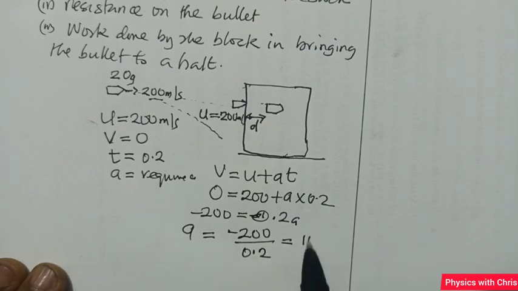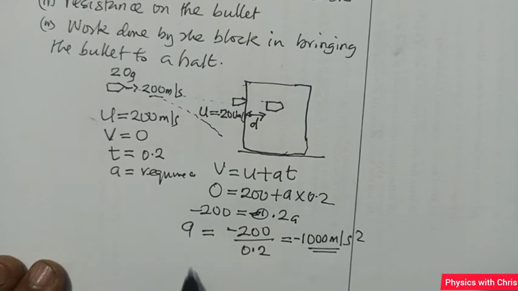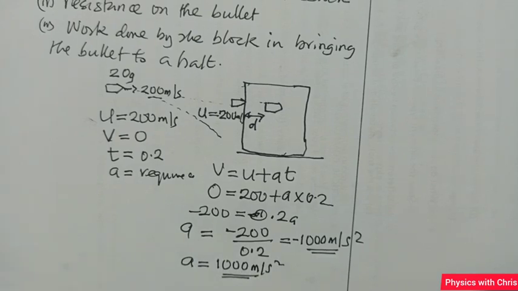That gives me minus 1000 meters per second squared. It's a very large acceleration. Okay, the negative sign means that I'm dealing with deceleration. Therefore, the deceleration is 1000 meters per second squared. Remember that when you are stating deceleration, you ignore the negative sign. So that's the deceleration of the bullet in the block.